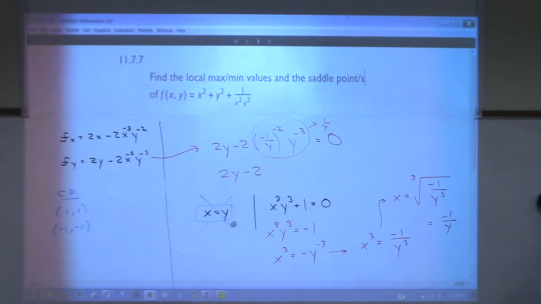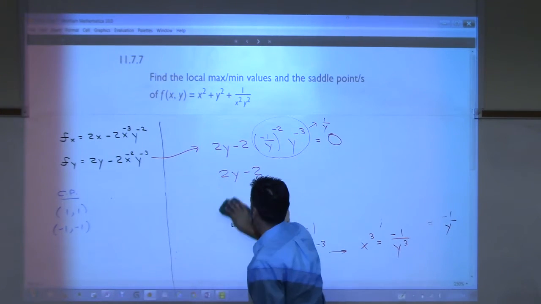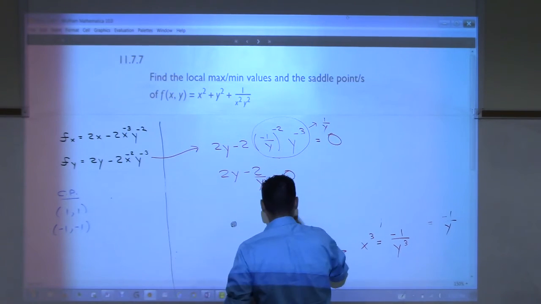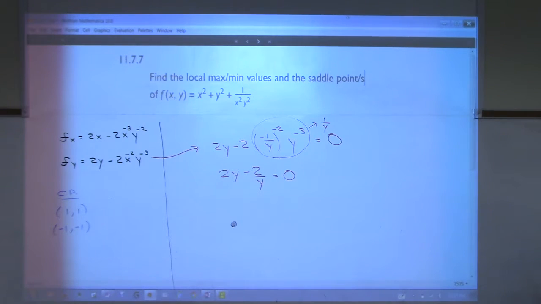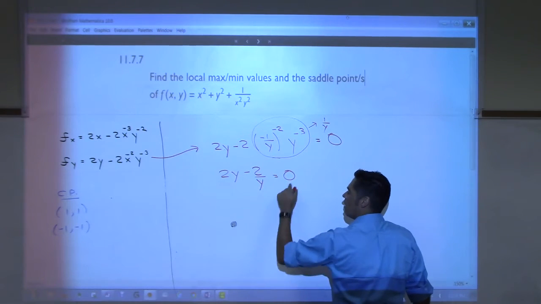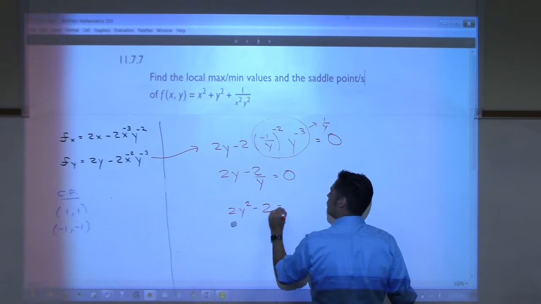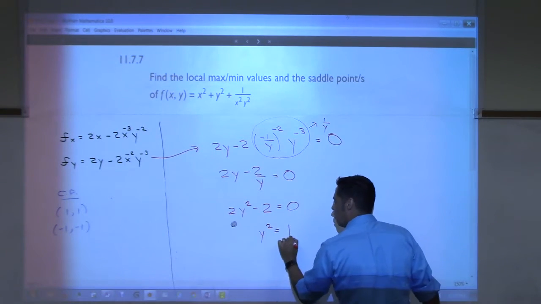This is just properties of exponents, right? Okay. So this should be 2 over y equals 0. And I'll clear fractions. I'll multiply both sides by y. So you get 2y squared minus 2 equals 0. y squared equals 1.